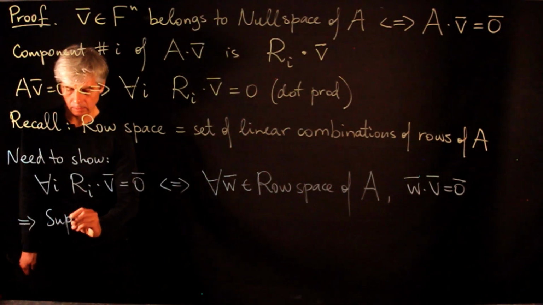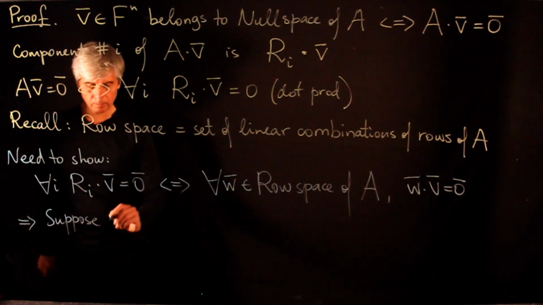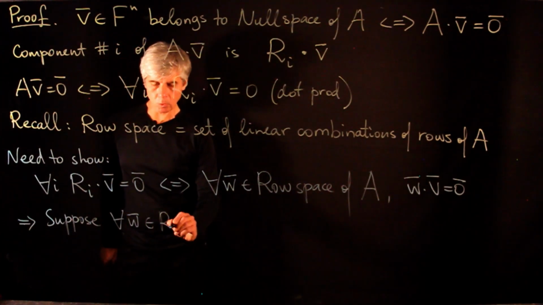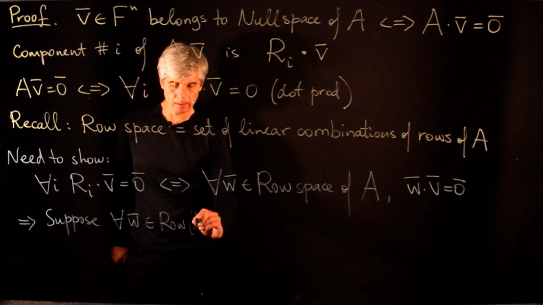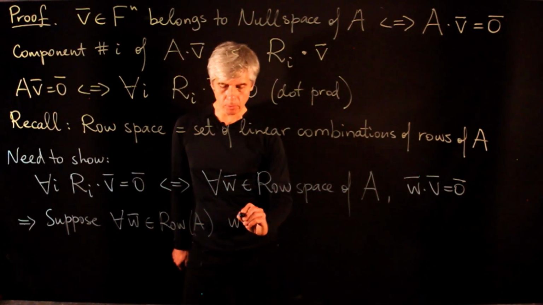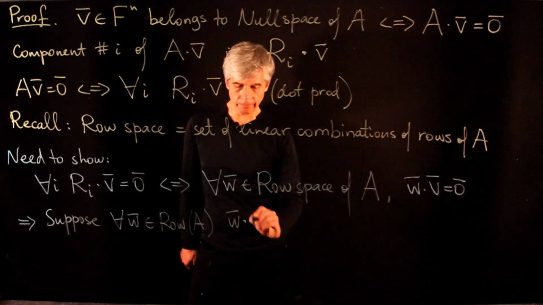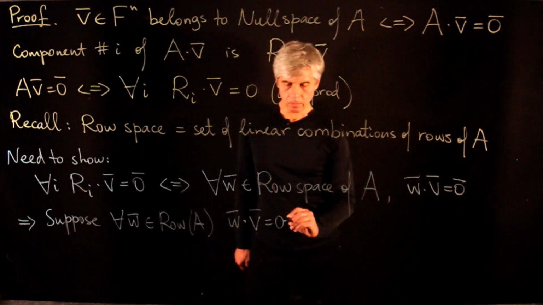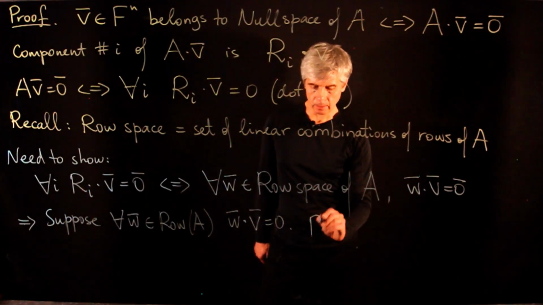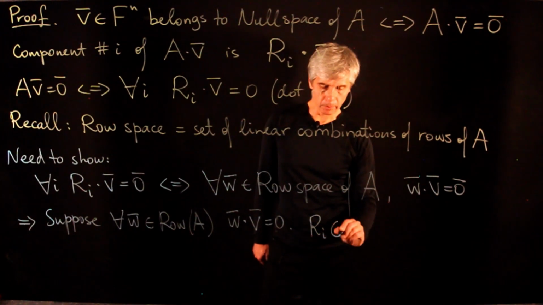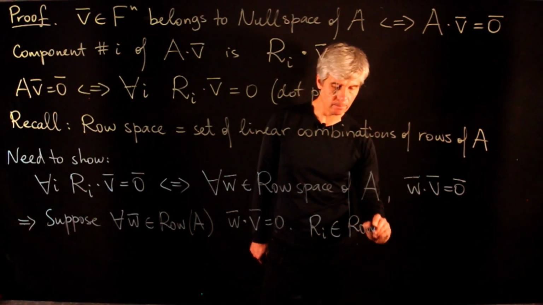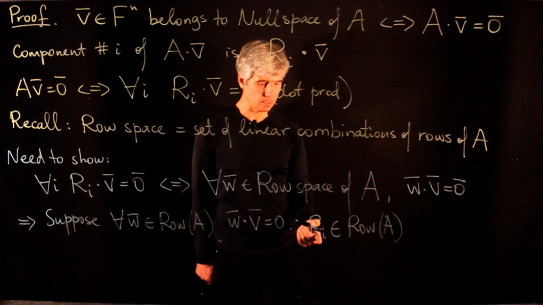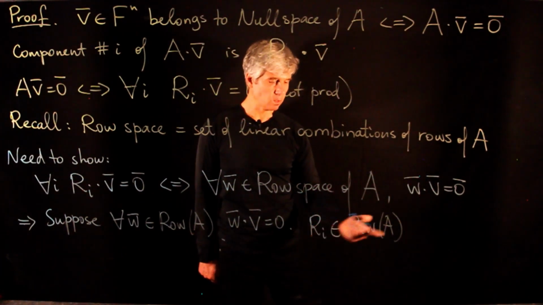So suppose for every W in the row space of A, W dot v is equal to 0. Then we know that each row belongs to the row space of A, because a row is a linear combination of the rows.